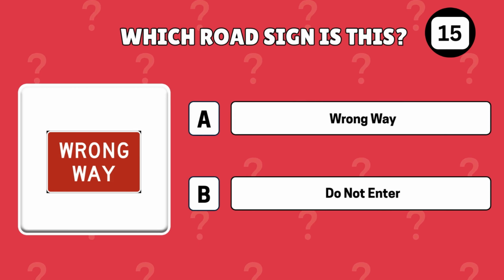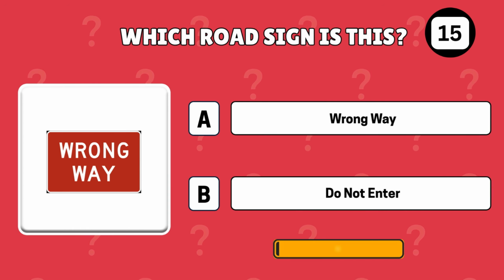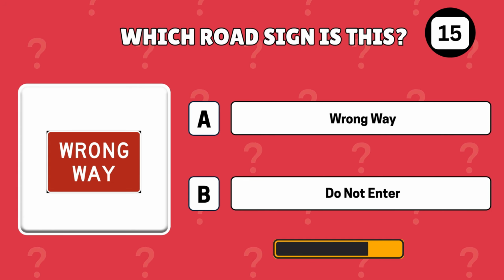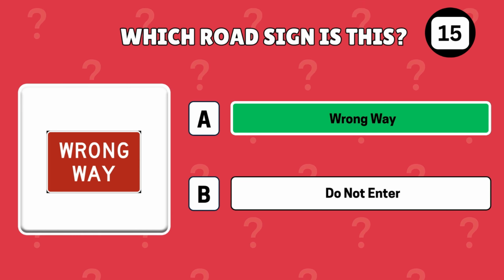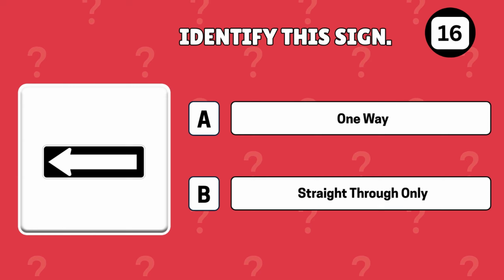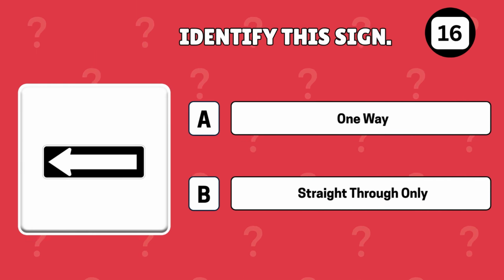Which road sign is this? A. Wrong way. B. Do not enter. Impressive. This is the wrong way sign. Identify this sign. A. One way. B. Straight through only.